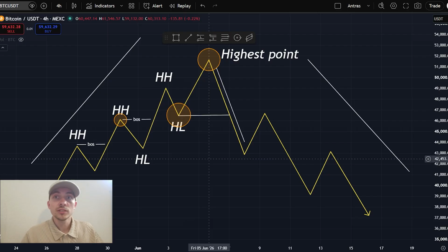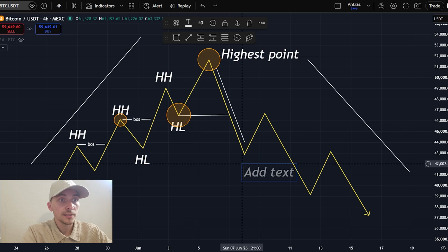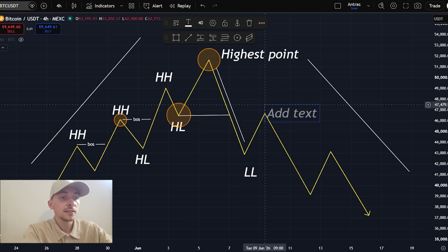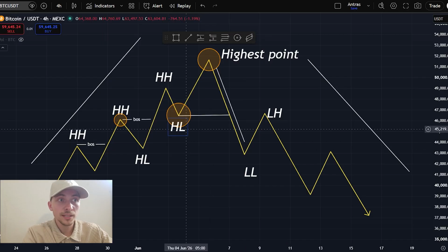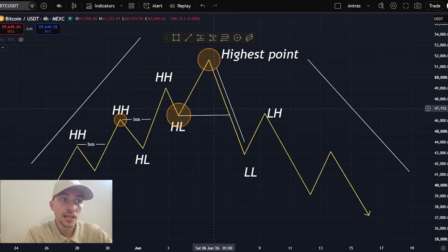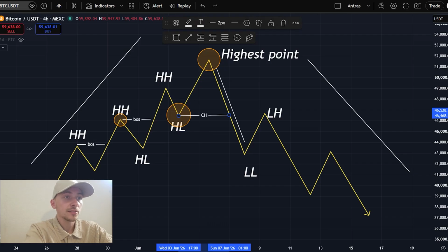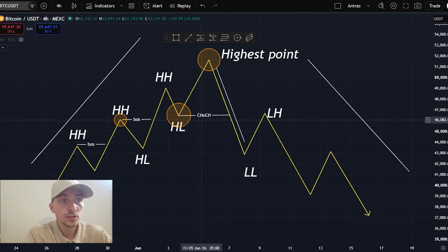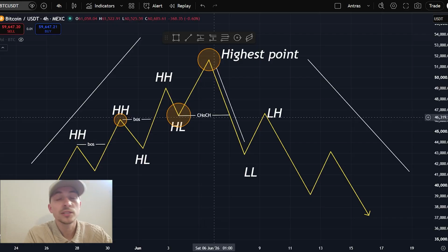The character changes. Now we're looking for lower lows and lower highs. You see, the market broke below the previous high low and created a change of character. This is how you type it, CHoCH, change of character.